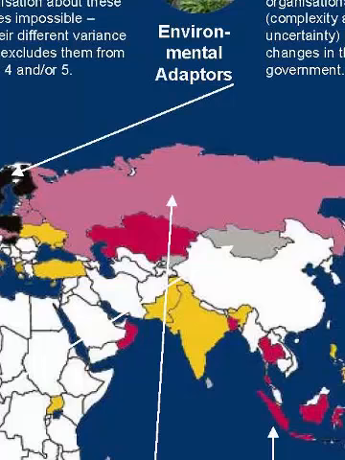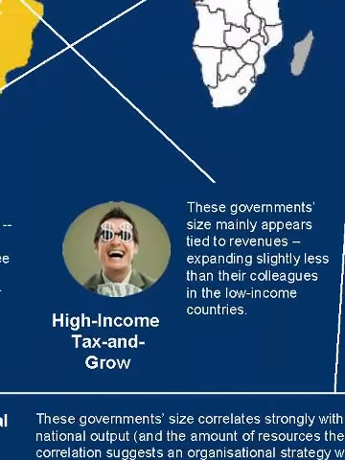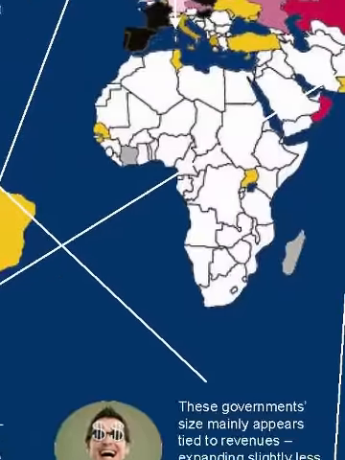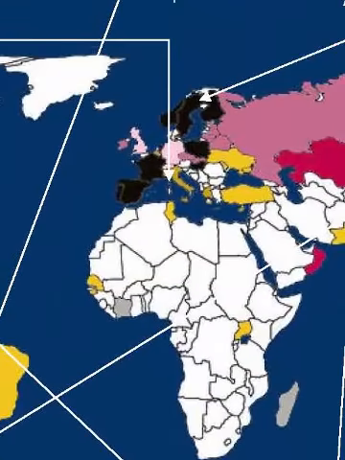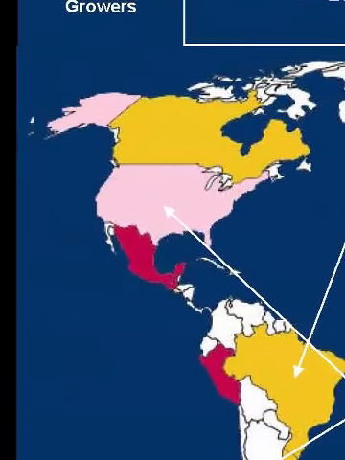Group 5 are the high-income tax and grow governments. Like we've been discussing before, these governments seem constrained in their size and structure mostly by the amount of revenue that they are able to collect. Some of these governments include Germany, Switzerland, the UK, and the United States.